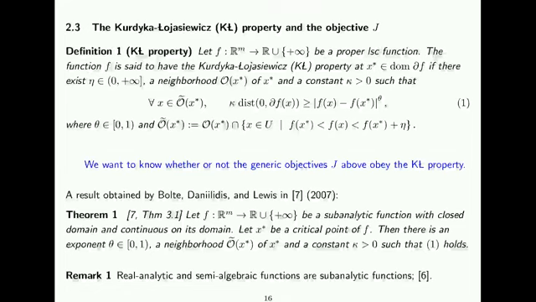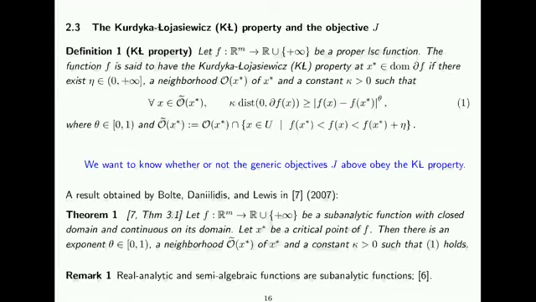The result that was obtained in the paper that I mentioned is given here. If the function is subanalytic with closed domain, and if it is continuous on its domain, and x star is a critical point of the function, then there is an exponent theta, a neighborhood, and a constant kappa, such that the Kurdyka-Lojasiewicz property holds.